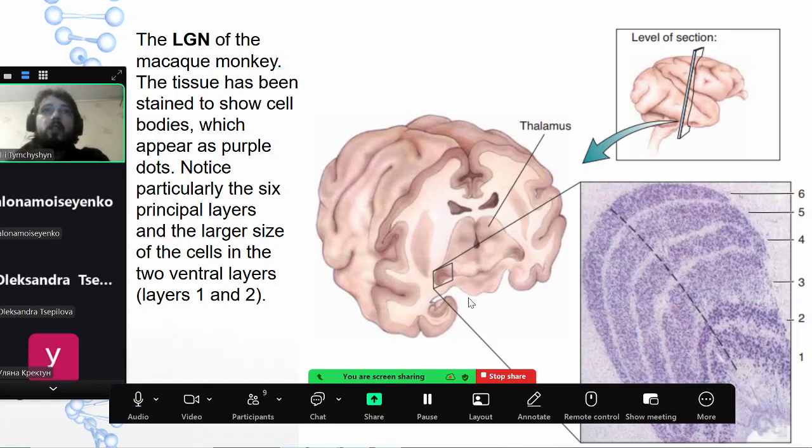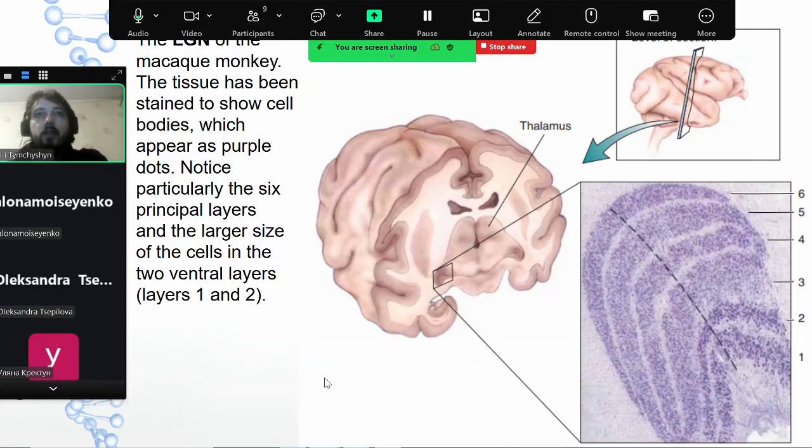If this tissue is stained to show cell bodies, you may notice the 6 principal layers and the larger size of the cells in the 2 ventral layers, layers 1 and 2. Here are the 6 layers, numbered 1 to 6.